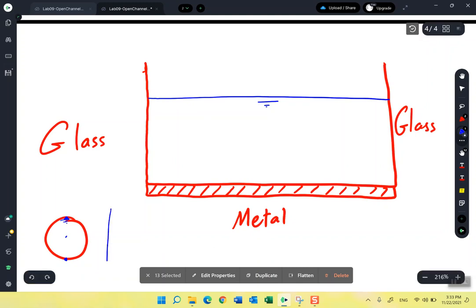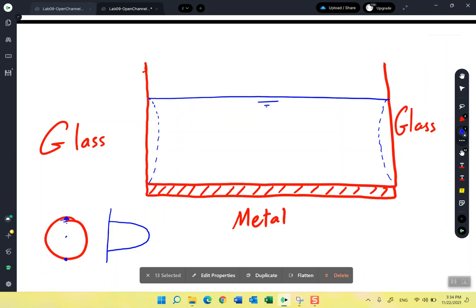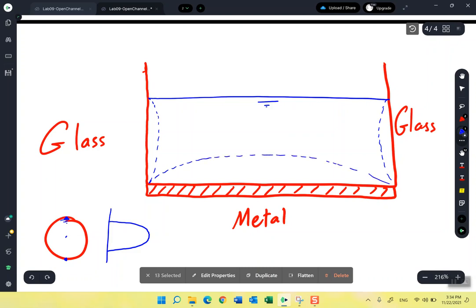So if we want to draw a profile for the water velocity, it will look something like that, right? We explained that before already. The same case applies here. This part of the water section is affected by the friction with the glass, while this part here will be affected by the friction of the metal.